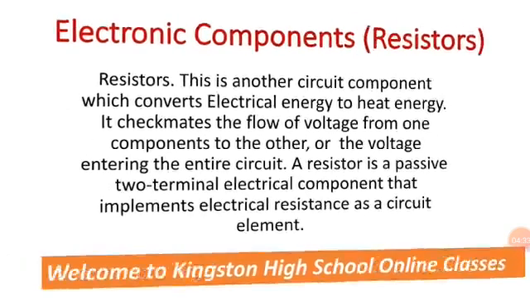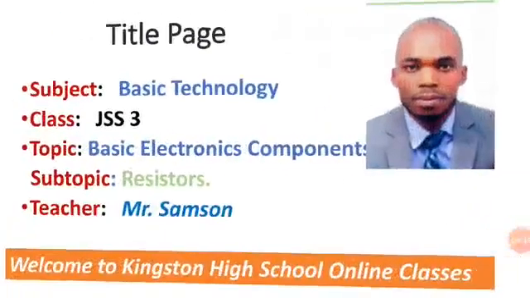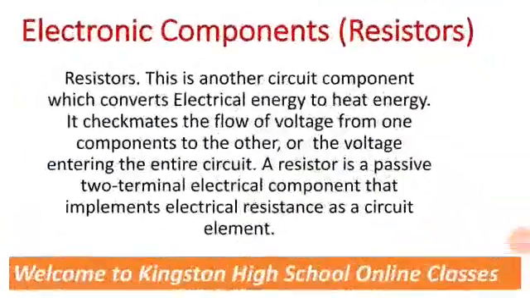All right, so now let's see what we're talking about. Resistors. This is another circuit component which converts electrical energy to heat energy. Take note how it works. How does it work? It will collect part of the extra voltage or extra current and convert it to heat.